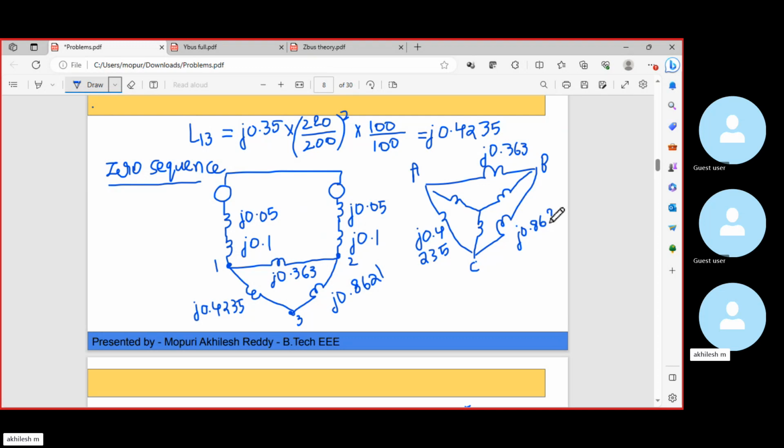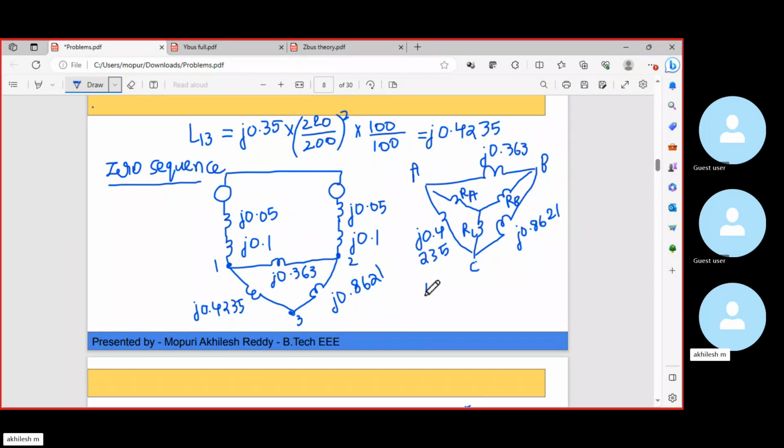Now, when we convert this into star, let me take this as RA, the side towards vertex B as RB, and the side towards vertex C as RC. Now, what is RA?